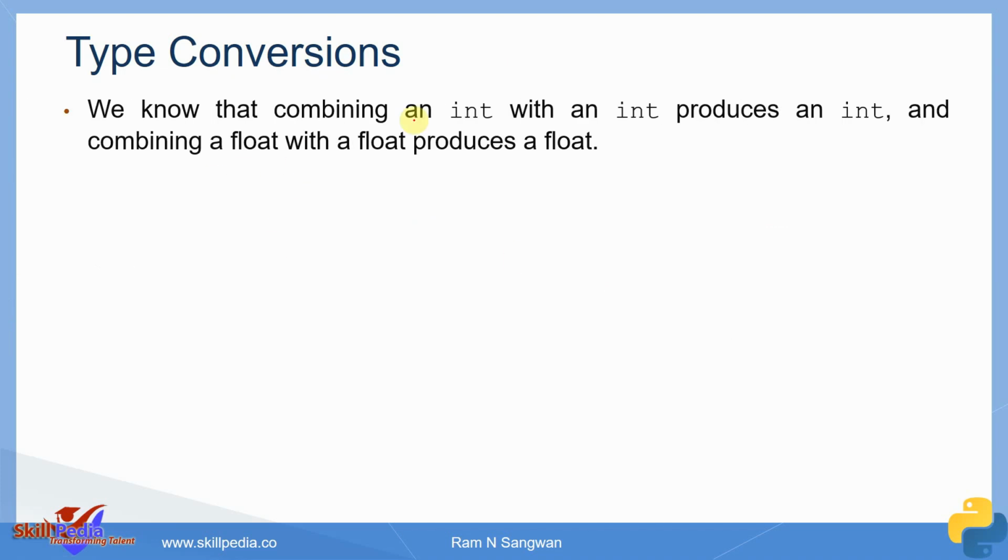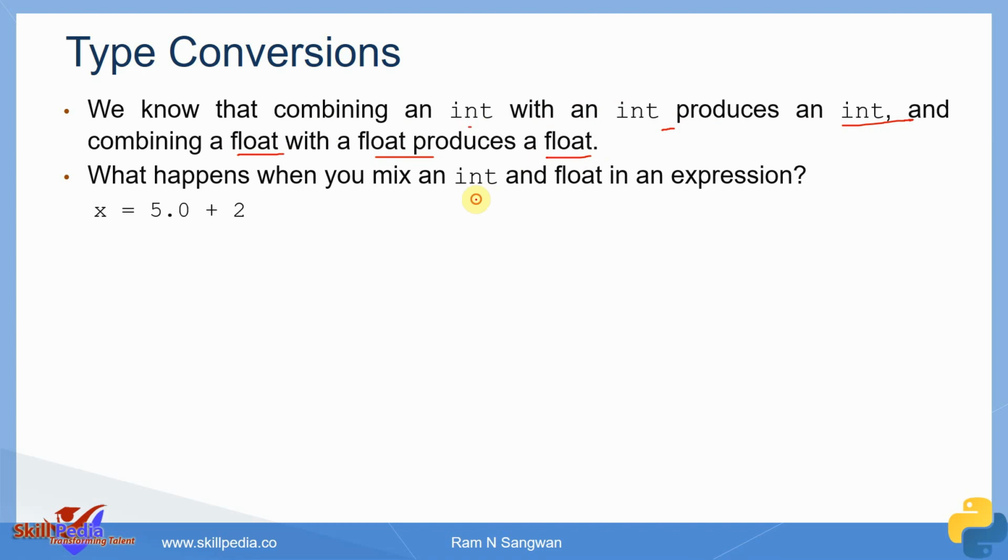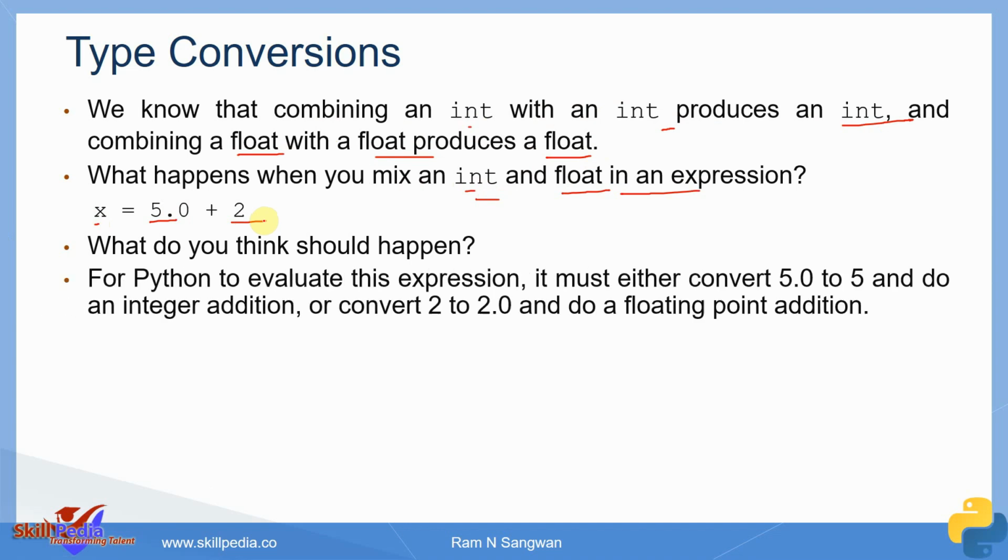We know that combining an integer with an integer produces an integer, and combining a float with a float produces a float. What happens when you mix float and integer in an expression like x equal to 5.0 plus 2? That is an interesting question. What do you think should happen?